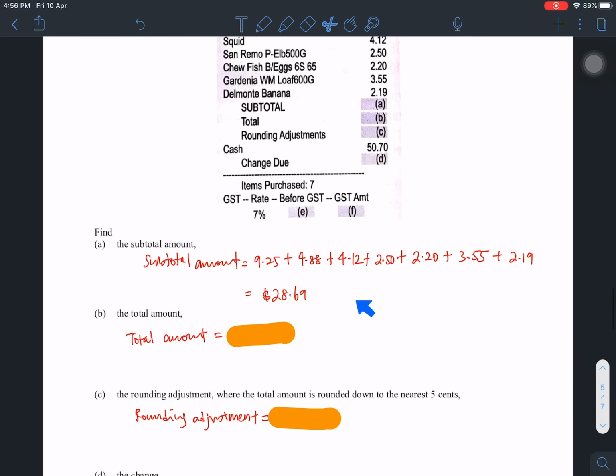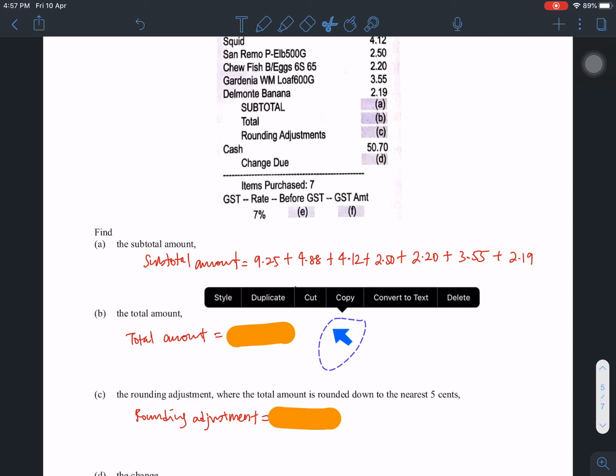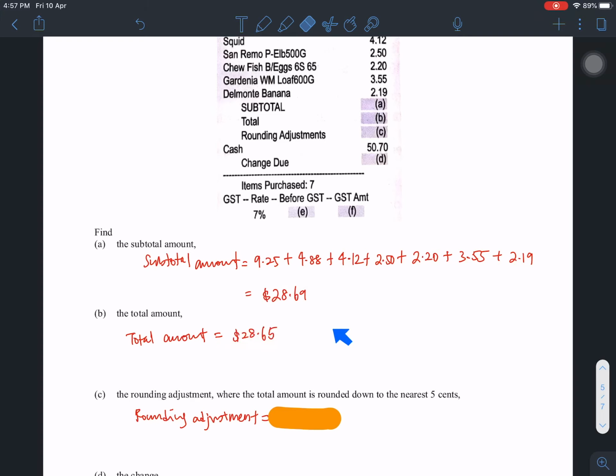Okay, so now we're done with part A. Let's look at part B. Part B requires us to find the total amount. If you were to read the next part, you realize that the total amount is simply the answer for part A rounded down to the nearest 5 cents. So rounding this answer down to the nearest 5 cents, we would simply get 28.65.